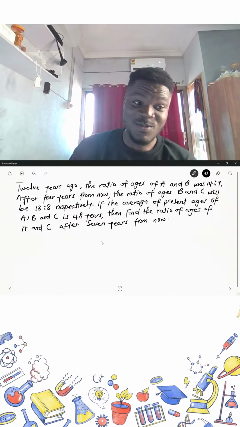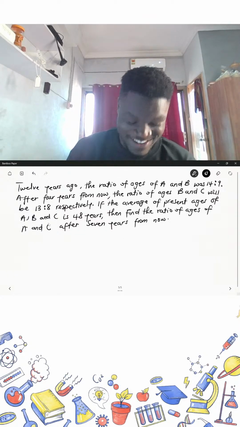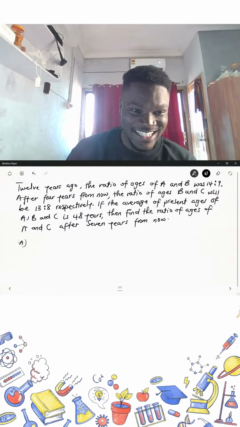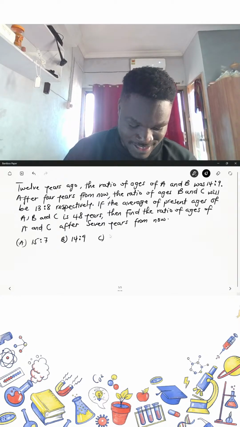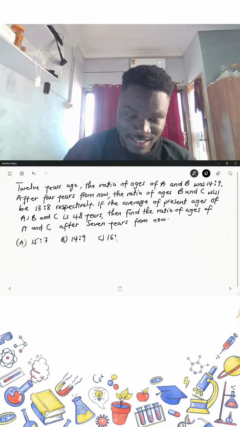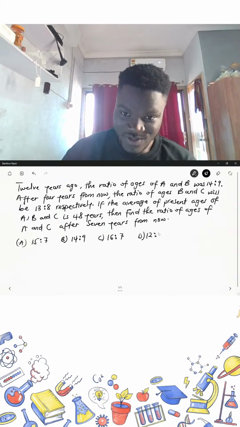Kunal, I don't know about you, but this question is already scary. Option A, 15 is to 7. B, 14 is to 9. C, 16 is to 7. Then D, 12 is to 7.